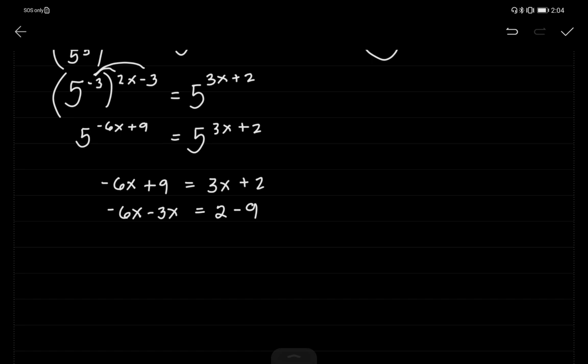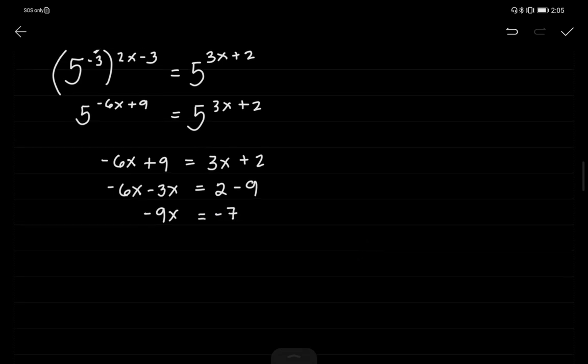Then, negative 6x tsaka negative 3x is negative 9x, which is equal to negative 7. Because 2 minus 9 is negative 7. Then, divide both sides by negative 9, negative 9.